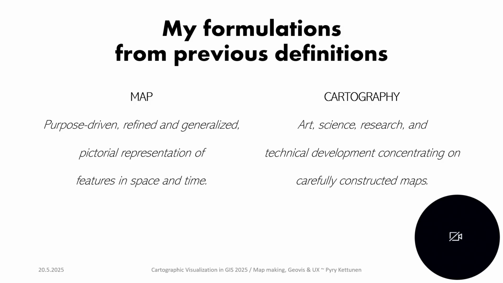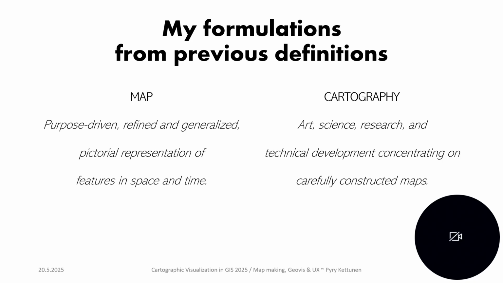And then cartography. Currently I'm thinking that it's about carefully constructed maps. Because in a way, quite any representation of the reality and the environment can be a map. So it goes a little bit further.